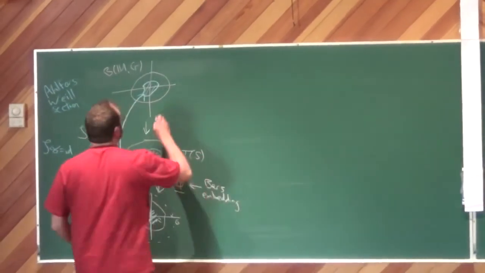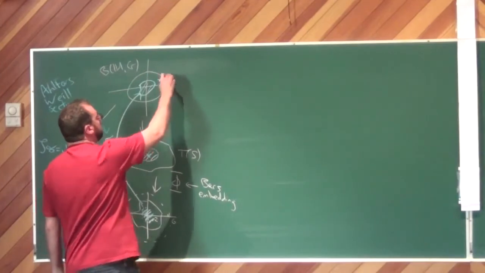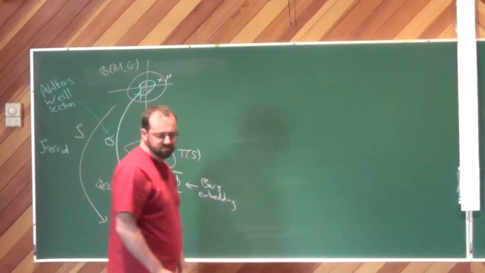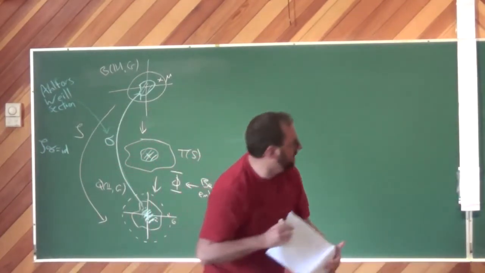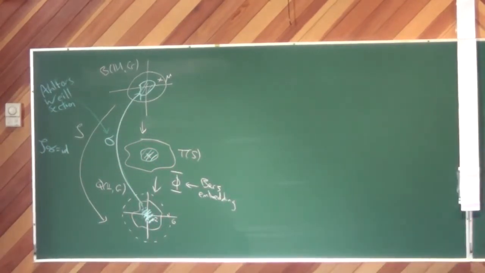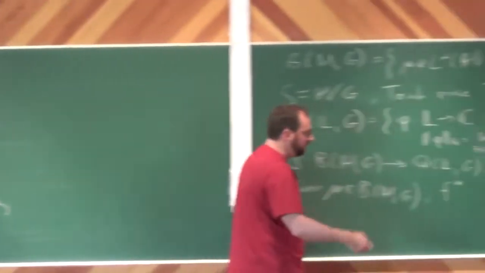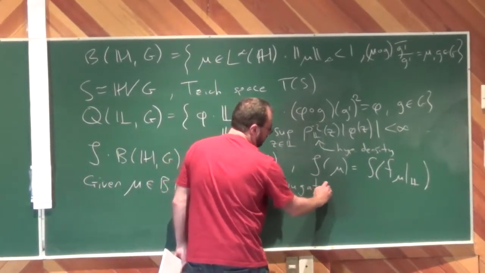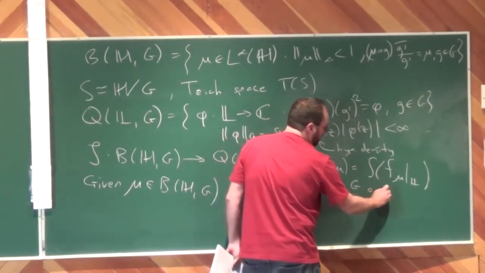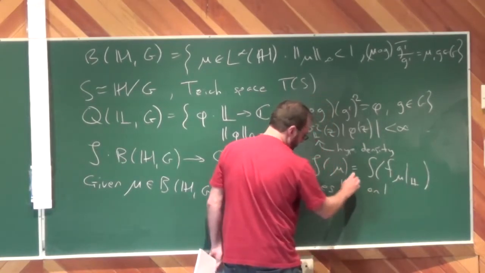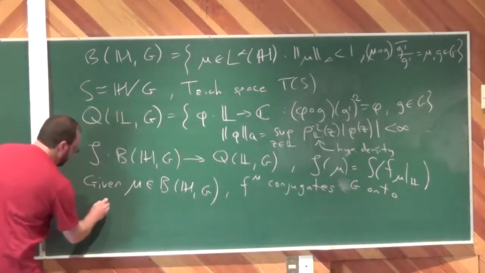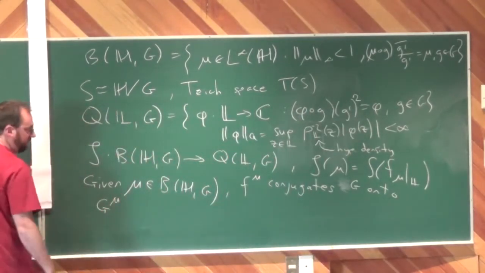Suppose we start with a mu, which is a G-invariant Beltrami differential, then the quasi-conformal map F upper mu, we've said this before, conjugates G onto another covering group, G upper mu.